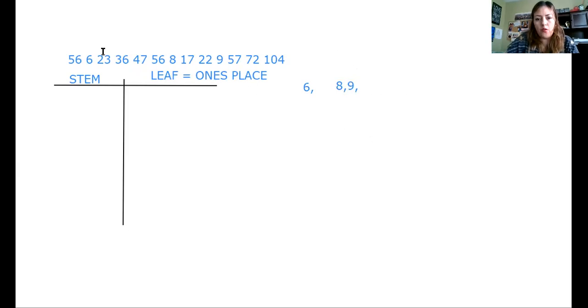Then I check for my tens place. Like, do I have any 10s, 11, 12s? So I do have a 17 here. And it seems like that's my only 17. So I'm just gonna put that right there. Then I noticed that for the 20s, I do have a 23.